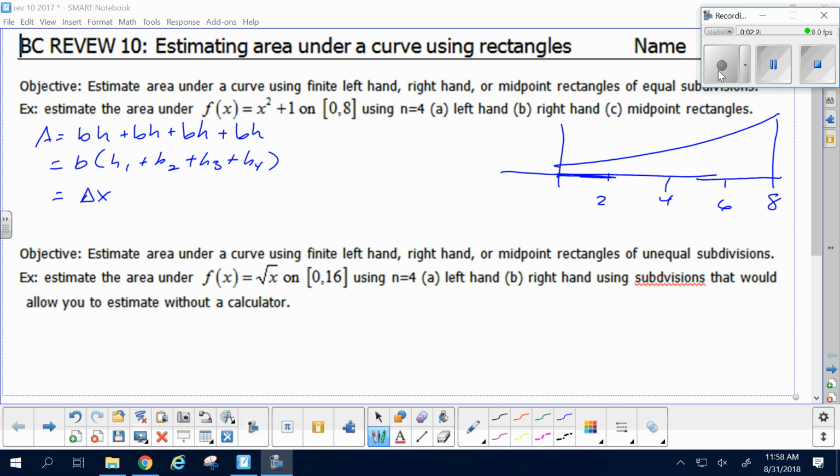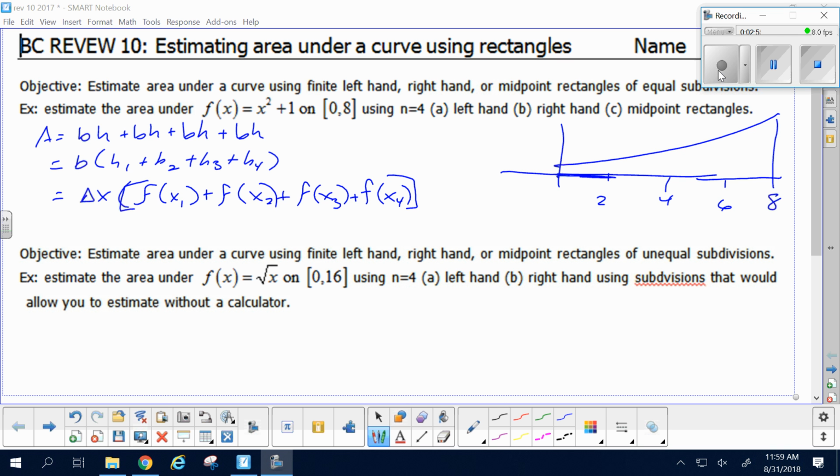We'll call it delta x today. The heights are surely function values or y values, so it'll be f at different values. I'm going to call this the first, the second, the third, and the fourth if I'm using 4 rectangles. Cool?